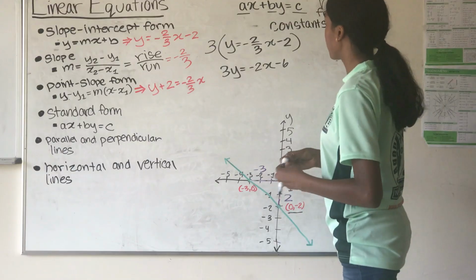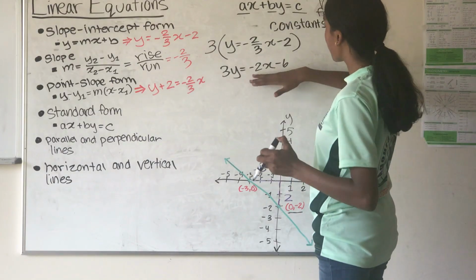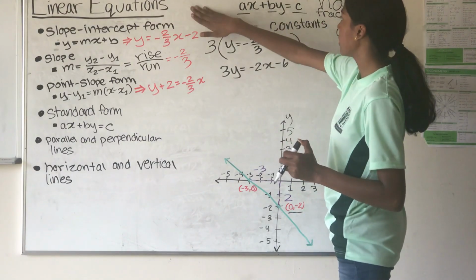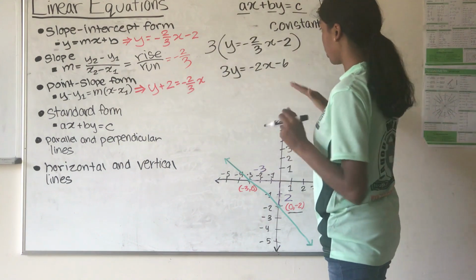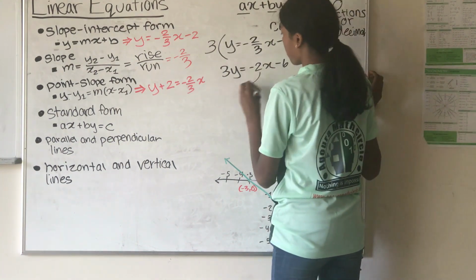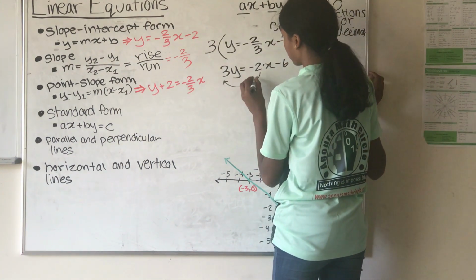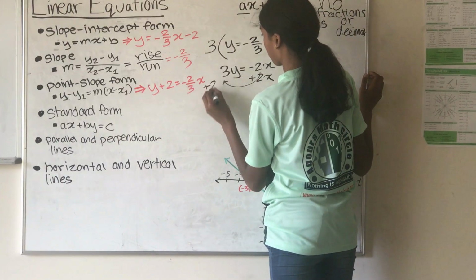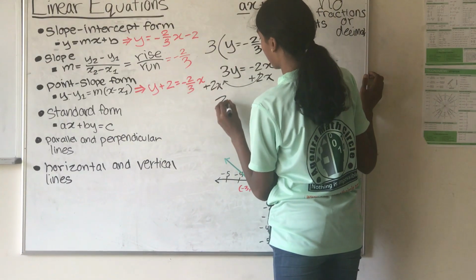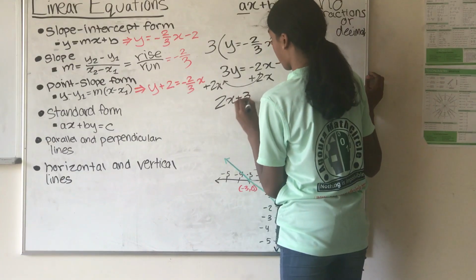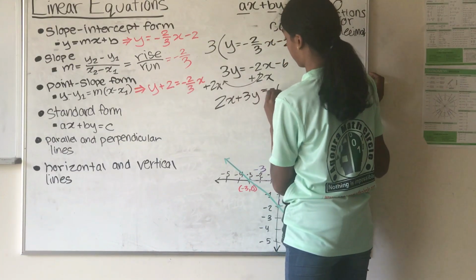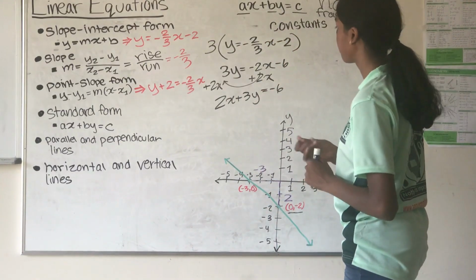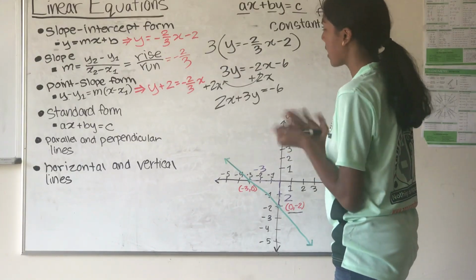Once we do this, we want the a to be positive. Like I said here, a always should be positive. So we're going to move it to this side. To do this, we add 2x to both sides to get 2x plus 3y is equal to -6. And that's it. So that's standard form.